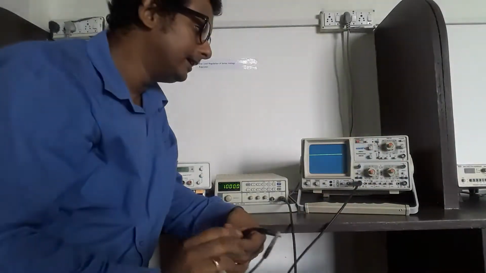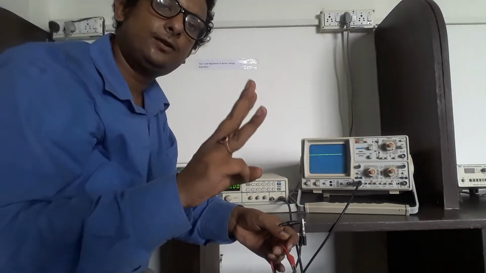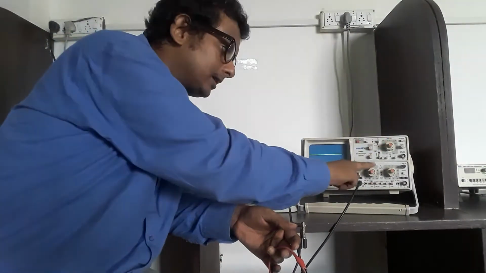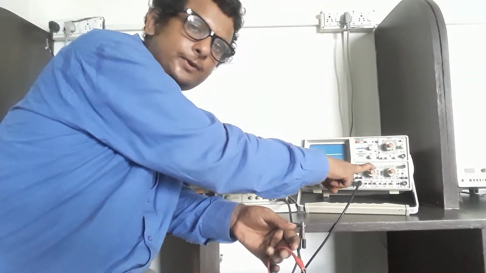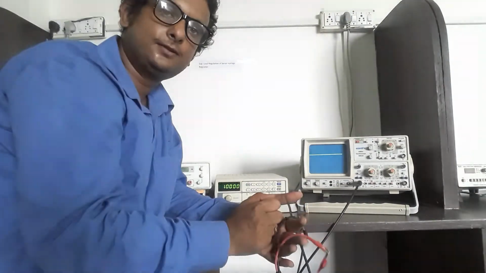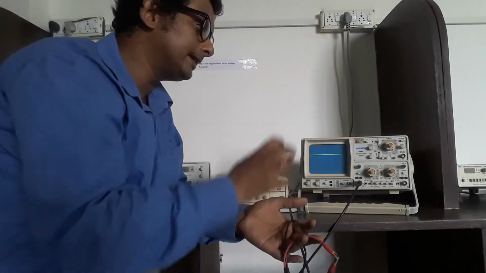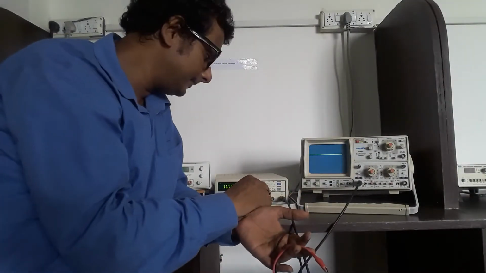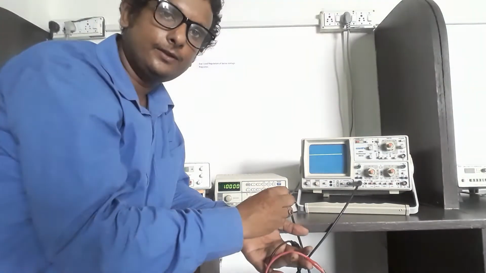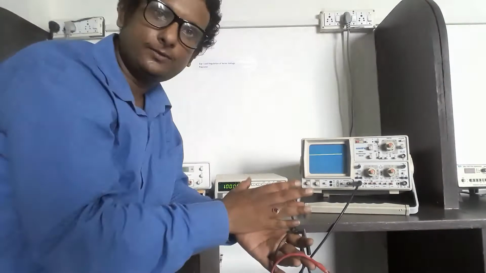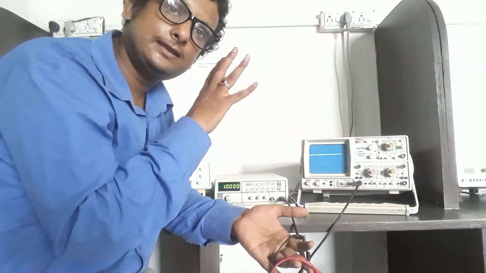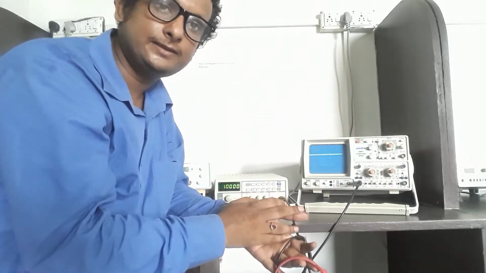There are three main knobs: volt per division for channel 1, volt per division for channel 2, and time per division. With these knobs we can vary the scale of the signal. We cannot change the frequency or voltage of the signal with the CRO, but we can change the scale so that we can easily measure it.